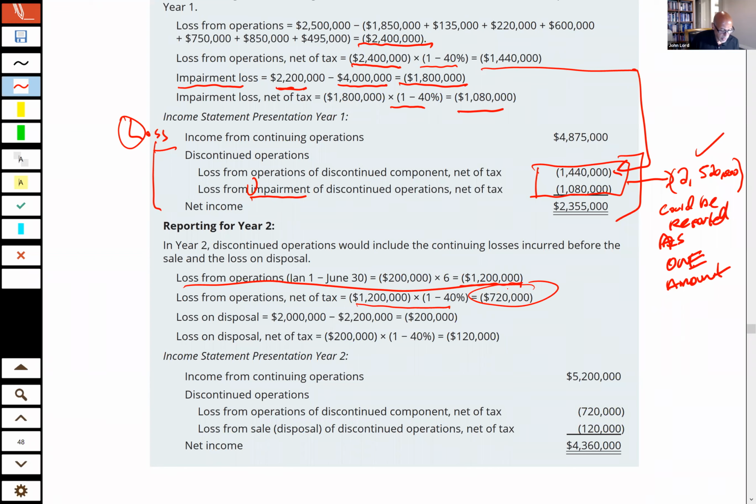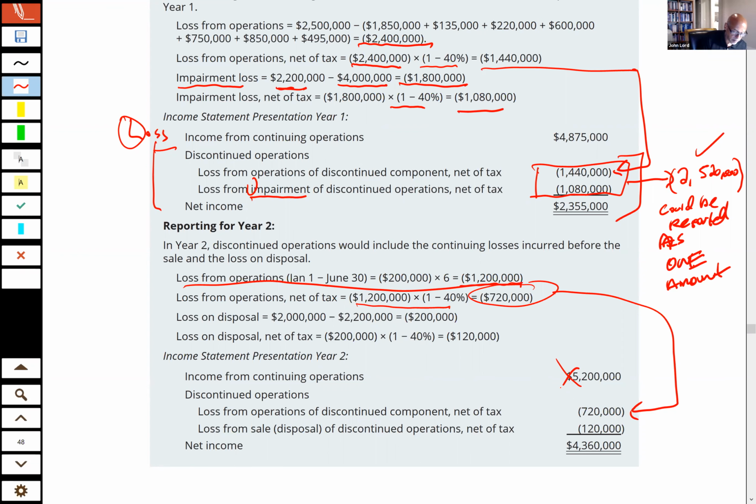So we take that 1.2 million times 60%. That's 720,000. Again, don't worry about this. I wish they wouldn't have distracted us with the continuing operations. I guess they just want you to see where it is on the income statement. It comes after continuing operations, and discontinued operations is net of tax.